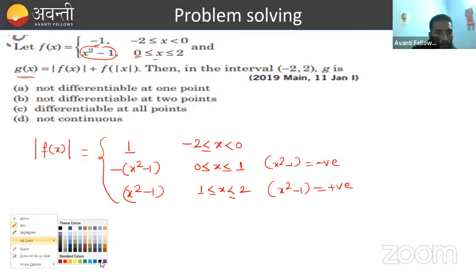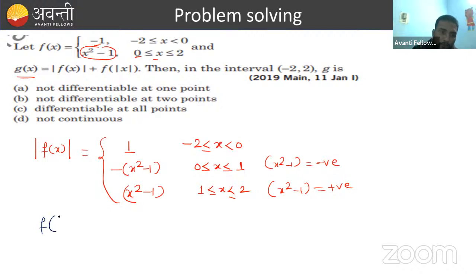Now we have to find f of mod x. What is f of mod x? The function always gets a positive value, whether you put in -2 to 0 or 0 to 2, it doesn't matter, because of the mod.